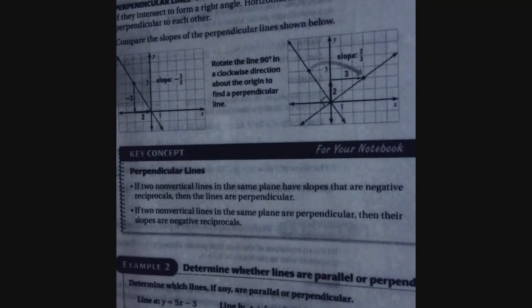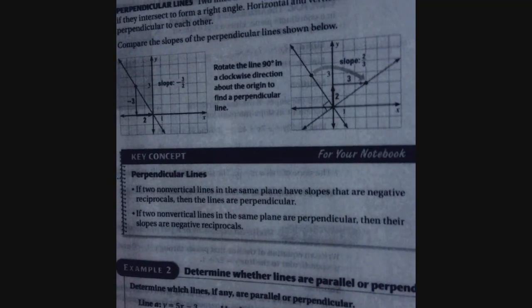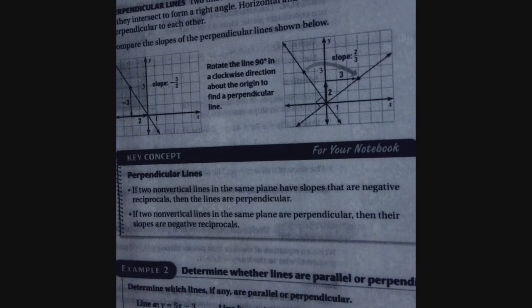So if I asked you what was the reciprocal of 5, you should know that 5 is really 5/1. So if 5 is positive, the reciprocal is going to be negative. Instead of being 5/1, we flip it. It becomes 1/5. We take the reciprocal. So 5 and -1/5 are negative reciprocals.